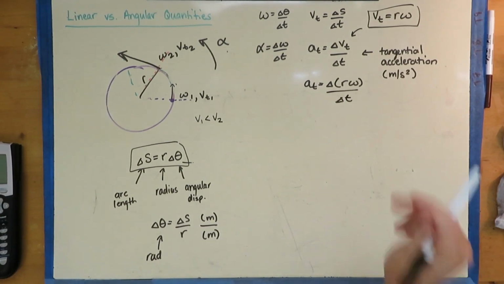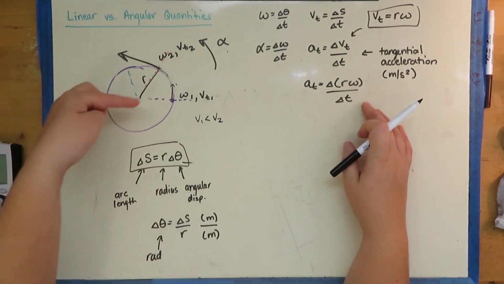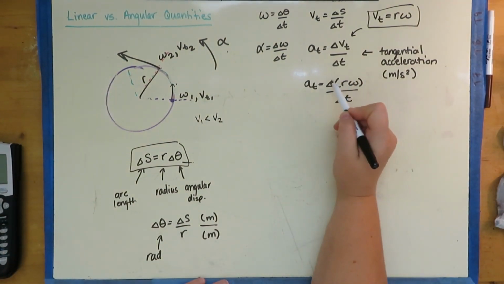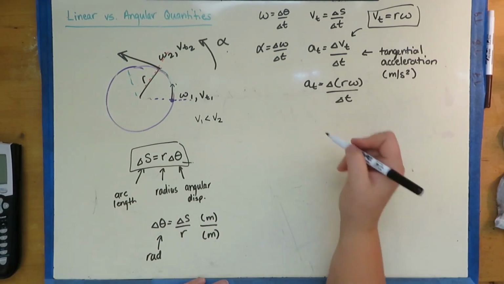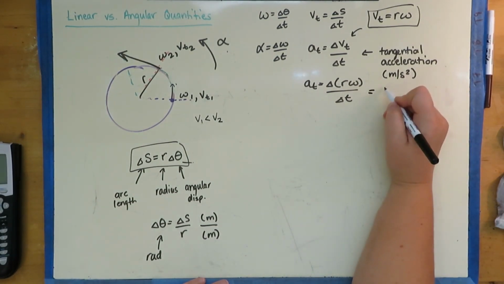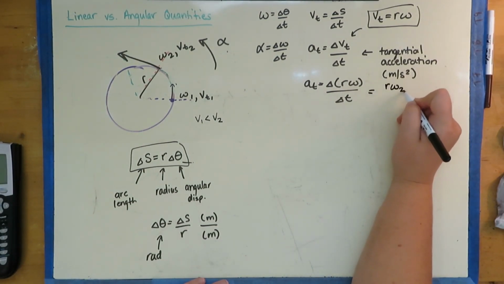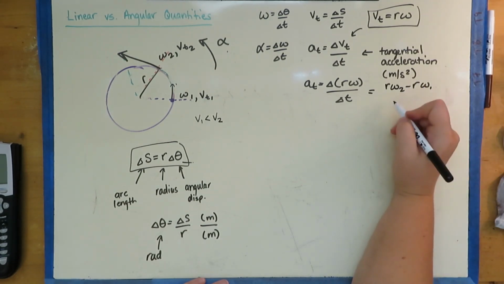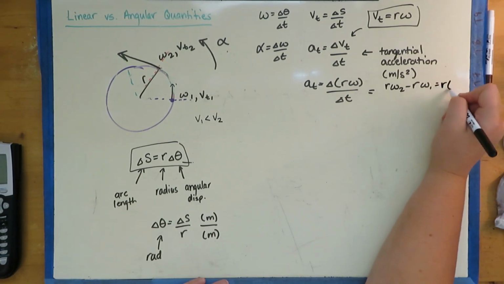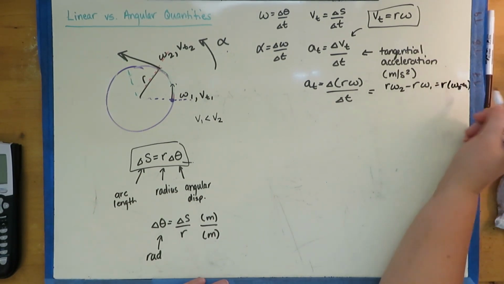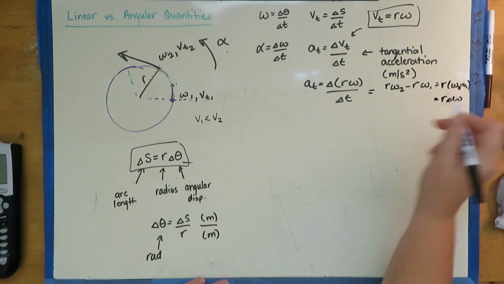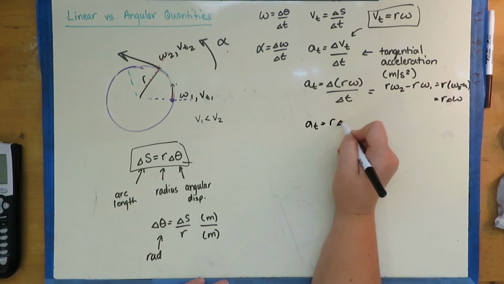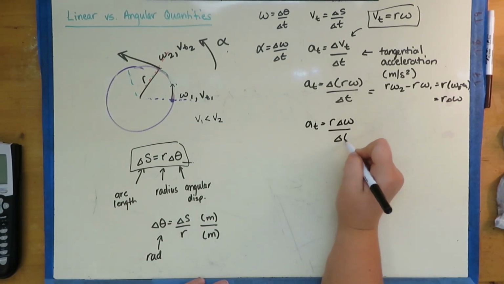Now, my assumption is that my radius stays constant because this is a rotating rigid object, so that radius can be pulled out. If I were to do this, it would be R omega 2 minus R omega 1, and that R would factor out. So that would just be R times omega 2 minus omega 1, which is R times the change in omega. So I can always pull that R out. So we get AT is R times the change in omega over the change in time.